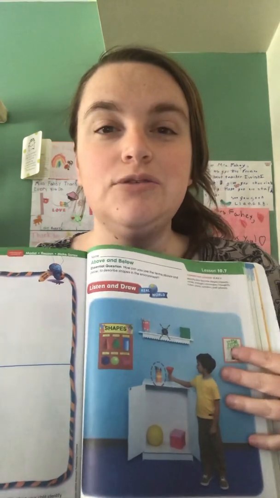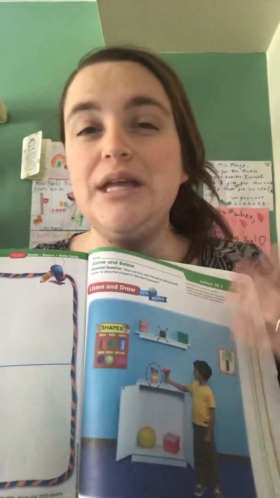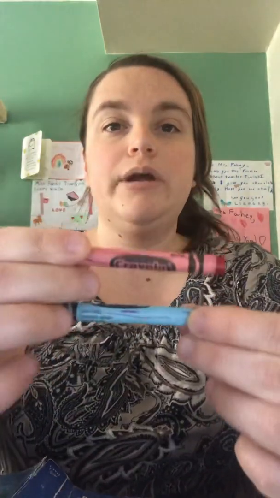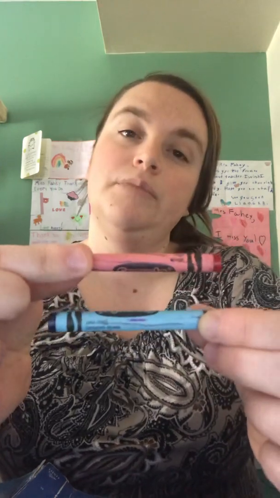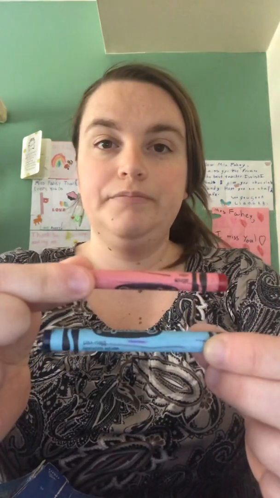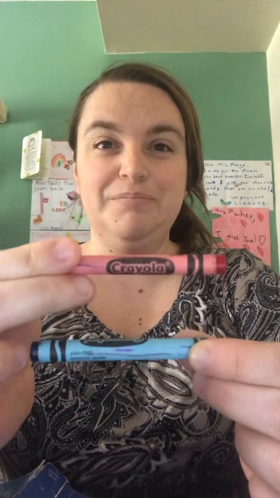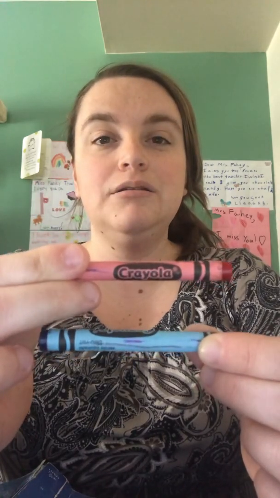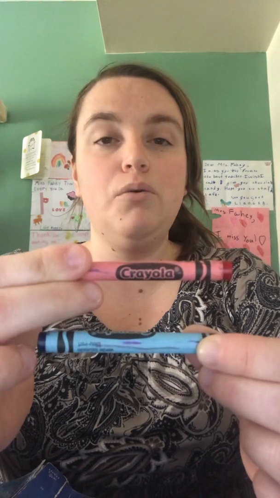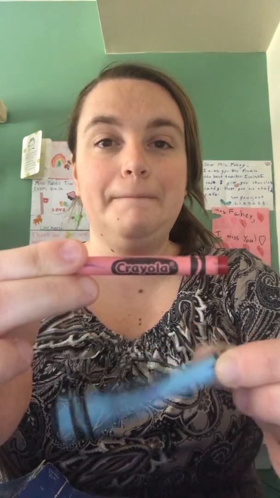So practicing using words above and below. We know what these words mean. If I hold up the two crayons that I just used, red and blue, what crayon is above the blue crayon? Red. What crayon is below the red crayon?